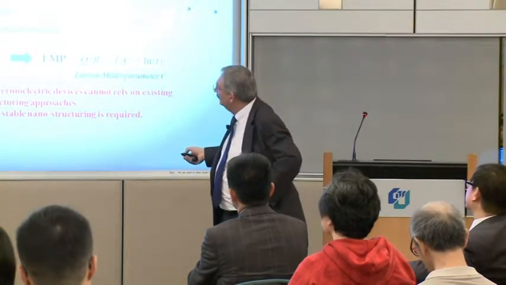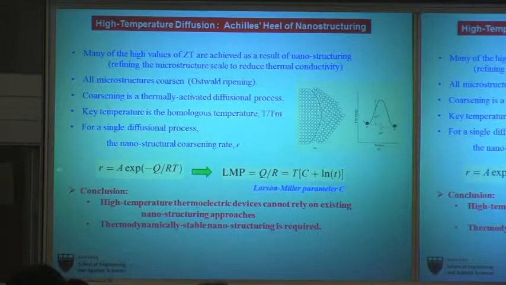So all the equations are this form of rate equation. There's an activation energy divided by RT, and then you can manipulate this to give you a lifetime parameter. It's called in the metallurgical literature the Larson-Miller parameter. It's basically the product of temperature times a constant, which has to be determined, plus log of the time.